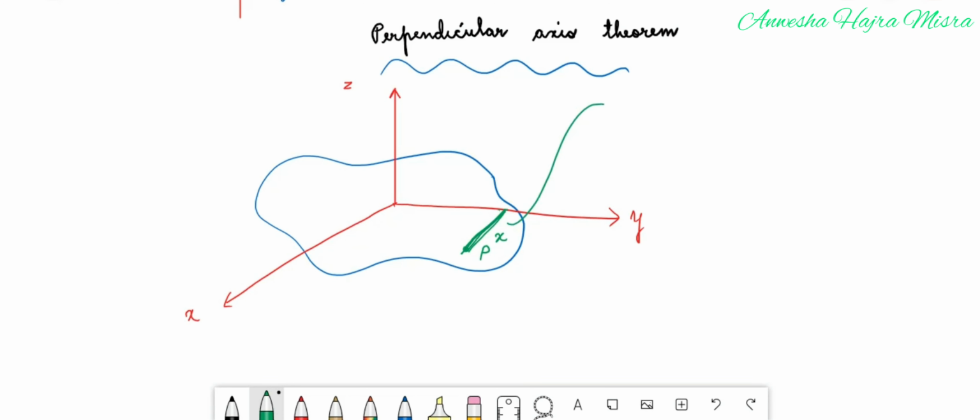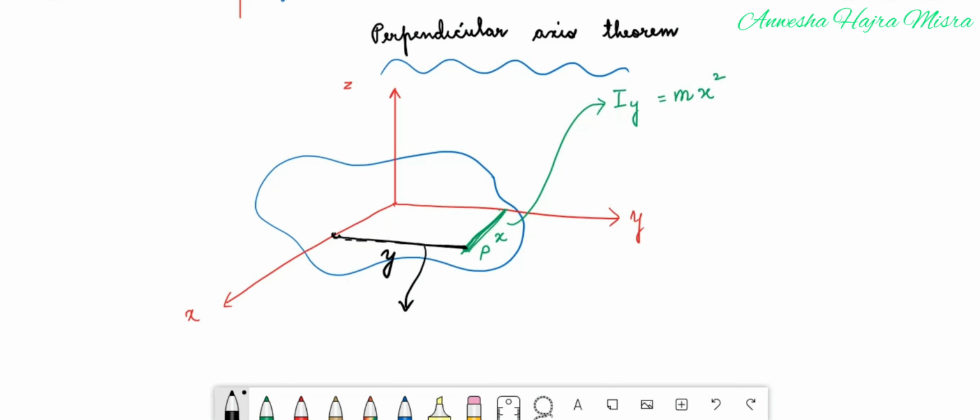So the moment of inertia about the y-axis is mass m into x square. Now this mass is at a distance y from the x-axis.